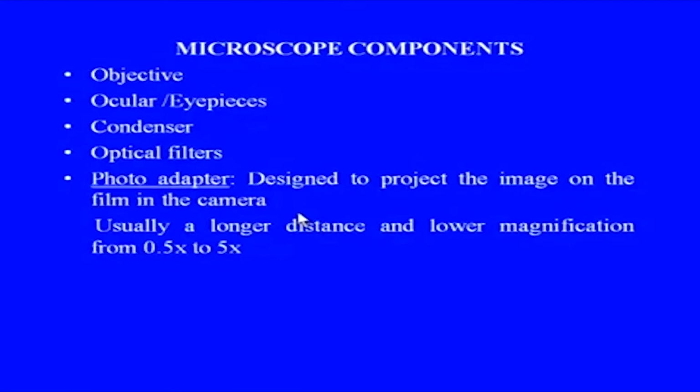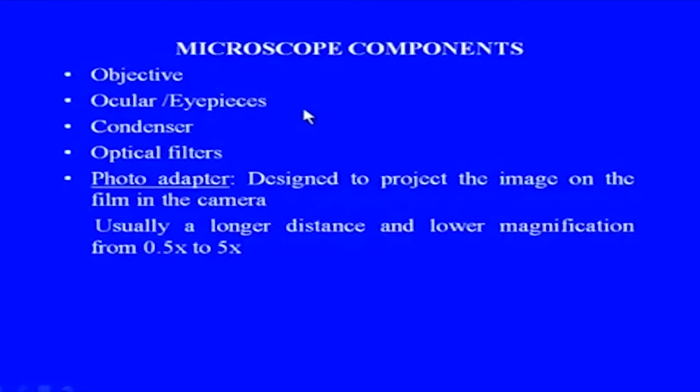There are three main components which we are going to discuss here. The most important is the objective lens. Like I told you, a simple microscope is made up of a single lens, which is called the objective lens, and it is called objective because it is closer to the object. Then second is the ocular lens or eyepiece lens, which is closer to the eyes where you are viewing the object.